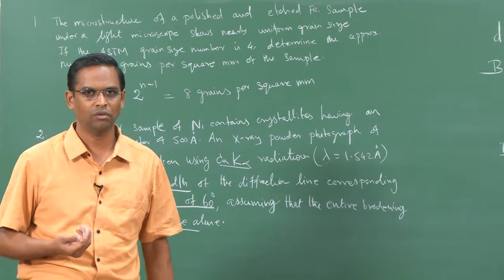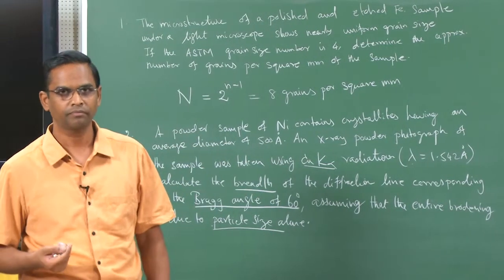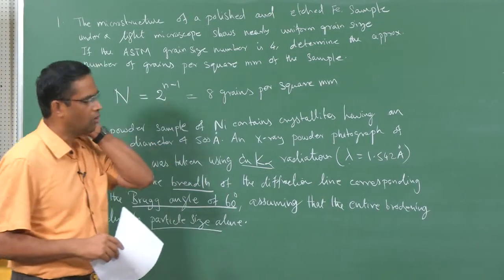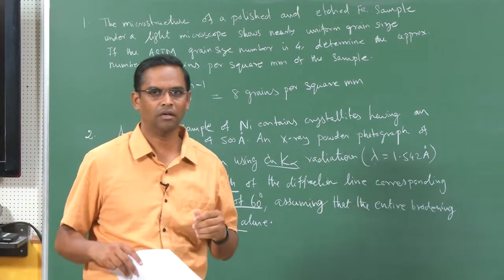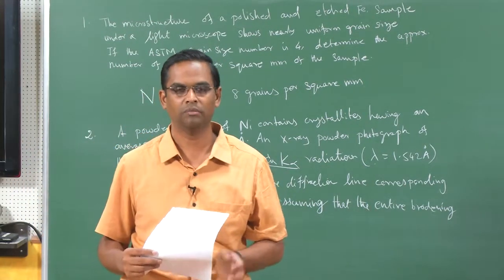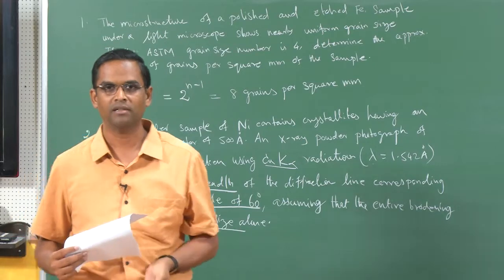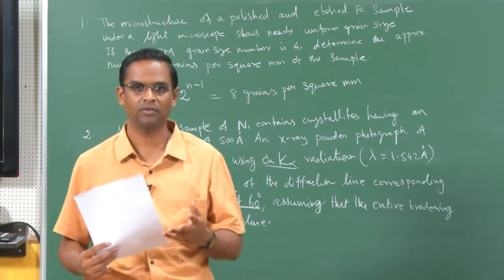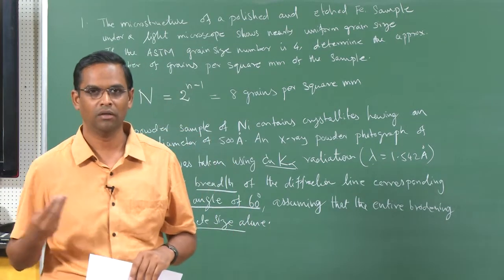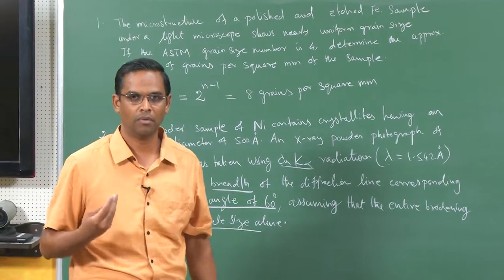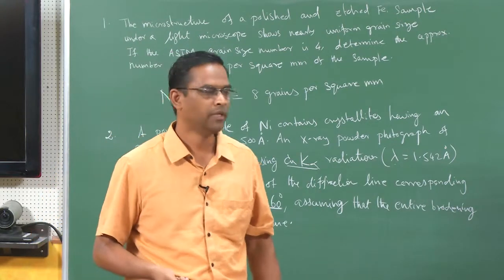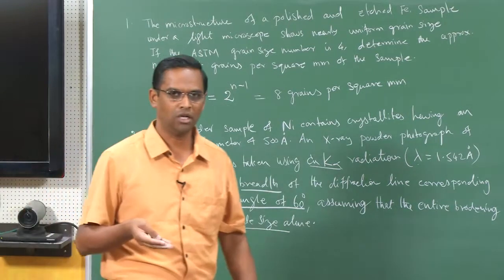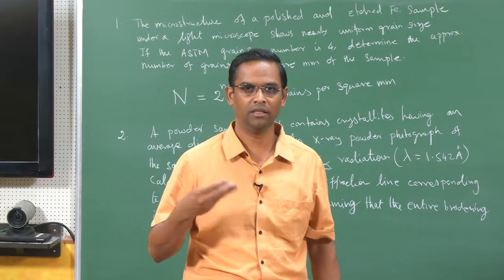You should also realize that for much more accurate calculations, Williamson-Hall plots are also used. We will post the problems and the derivation of that, and you can look at those problems in another tutorial, where you will be able to appreciate the contribution of strain and particle size.